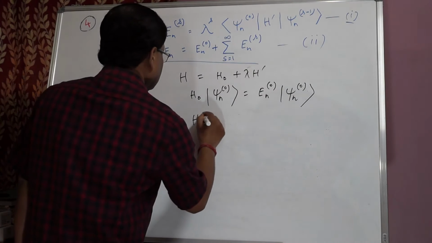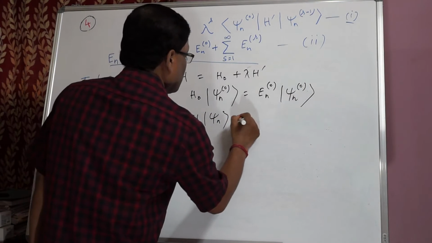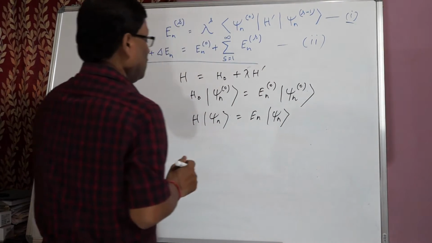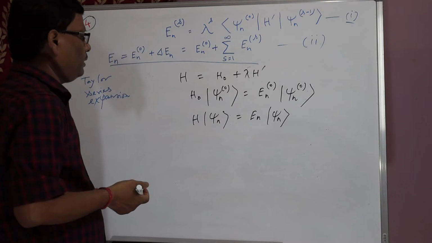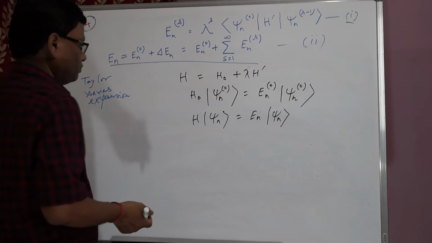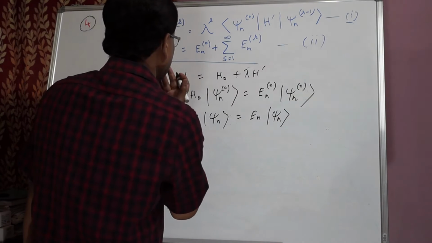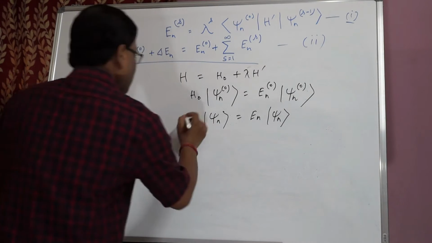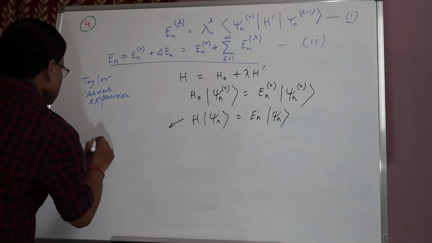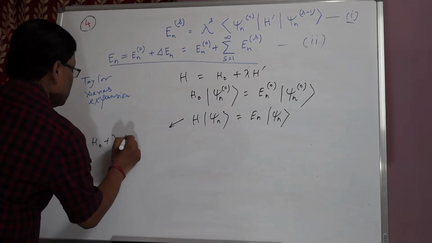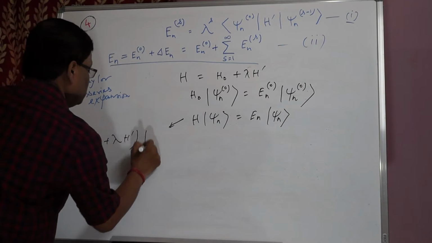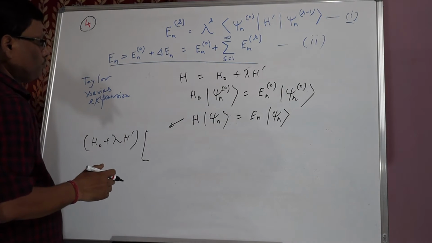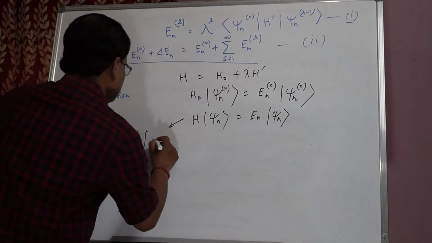And H psi n equals En psi n. Our aim is to calculate En and psi n. So I use this: I can write this expression (H0 plus lambda H prime), and I use the expressions of psi n in terms of corrections to psi n0.